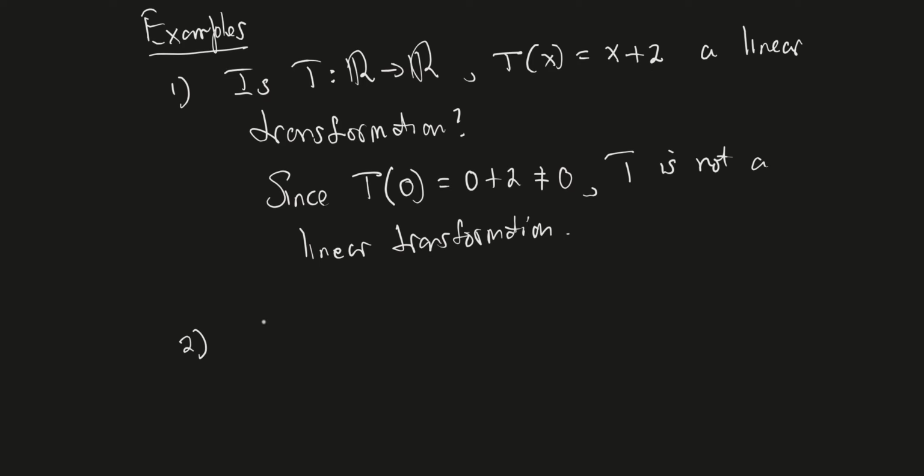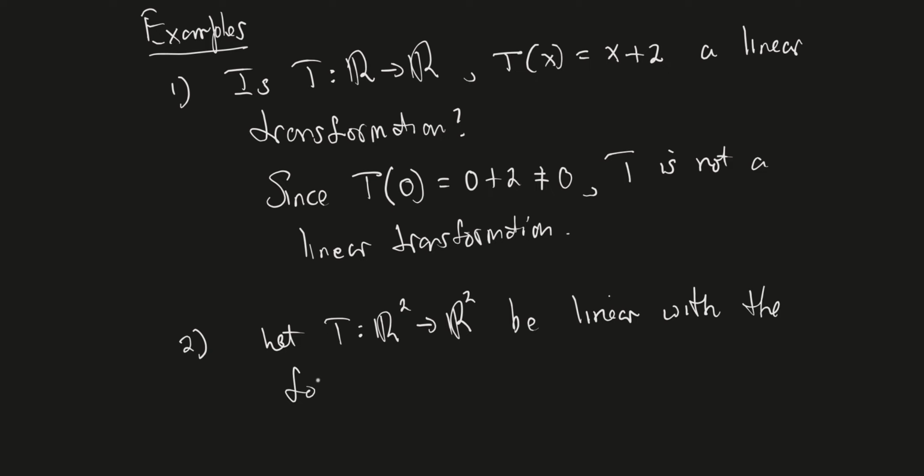Let T that goes from R2 to R2 be a linear transformation with the following properties.